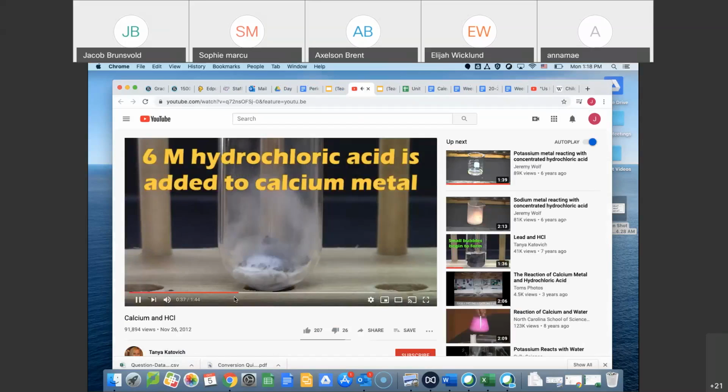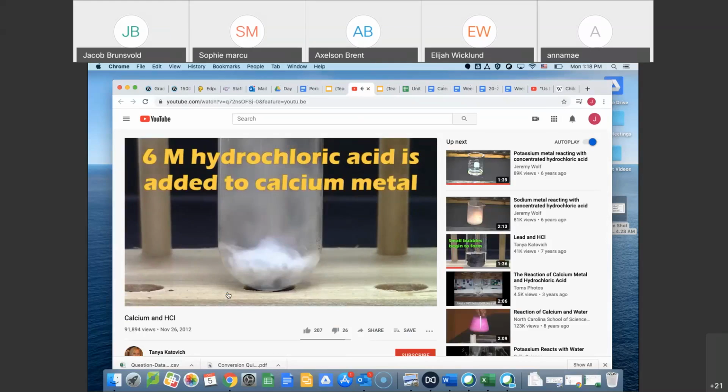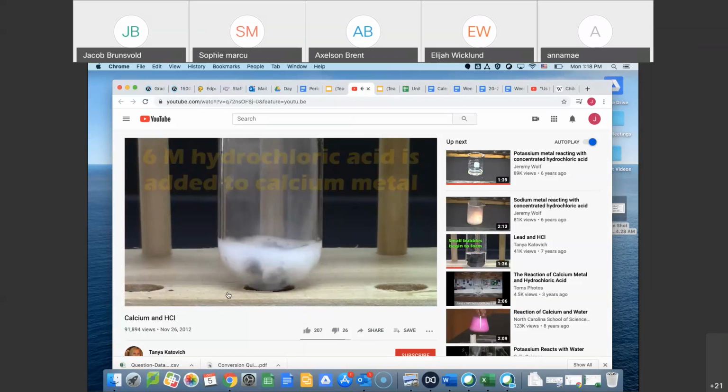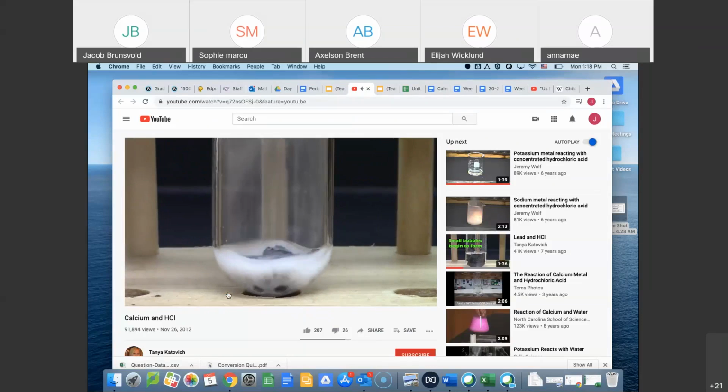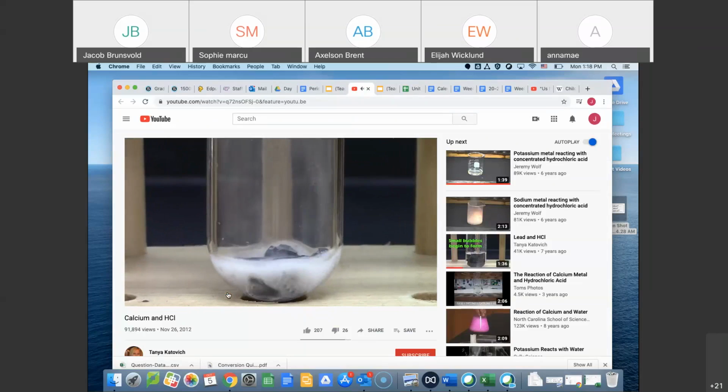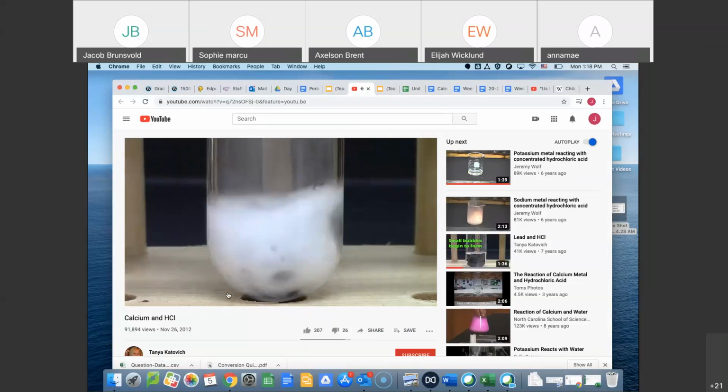Okay, so let's just go back a little bit. We got our calcium metal, and then they're dumping acid into the test tube. And so then you were supposed to record your observations for this. You're supposed to record the observations for all the videos that you watch. You can kind of see what's happening, though.